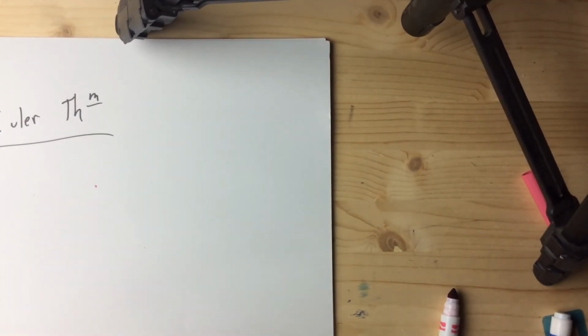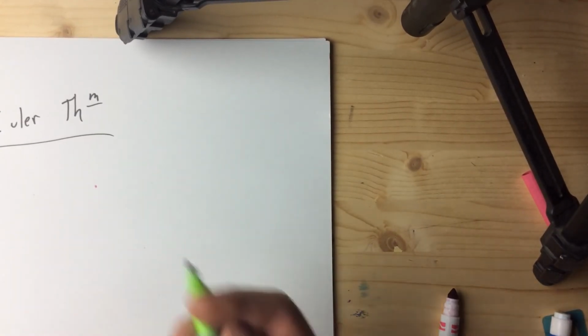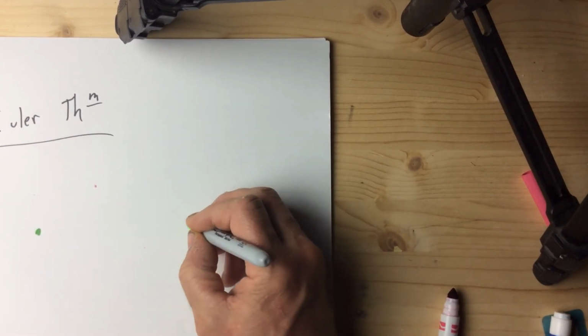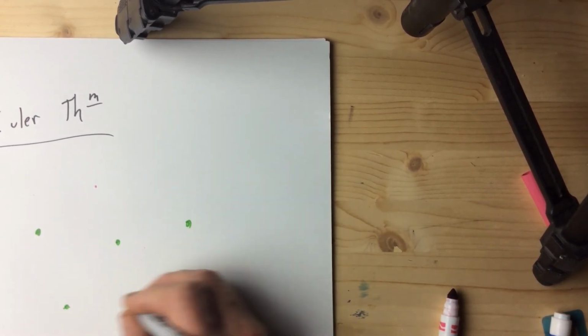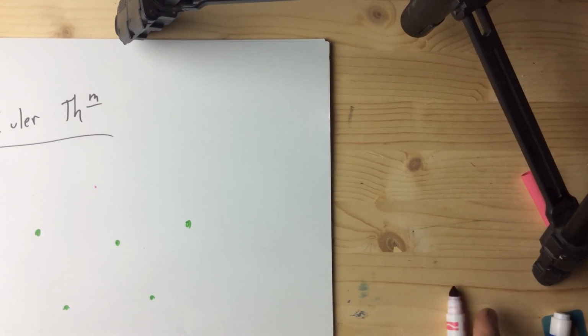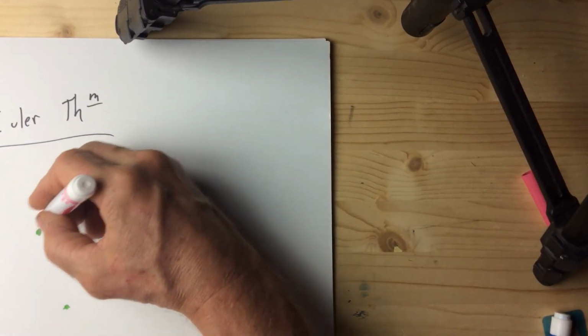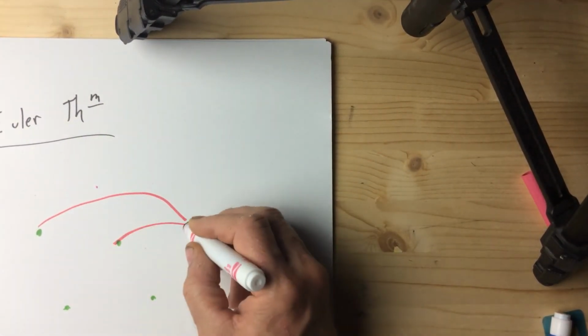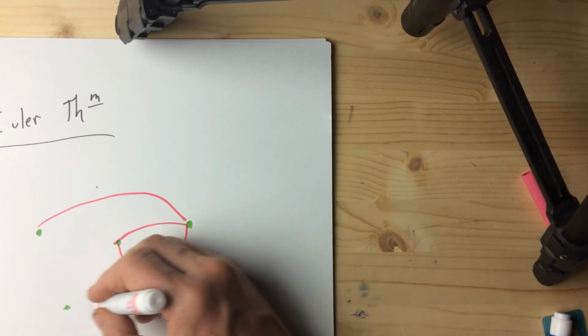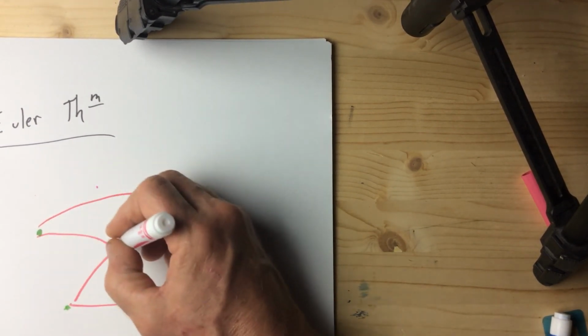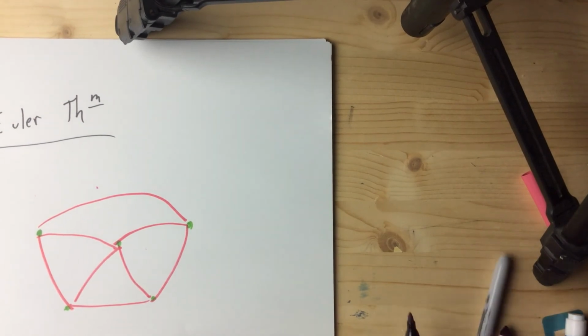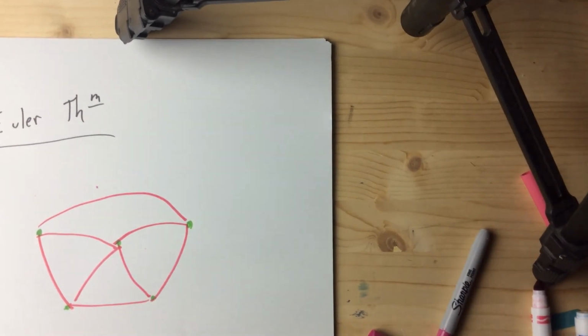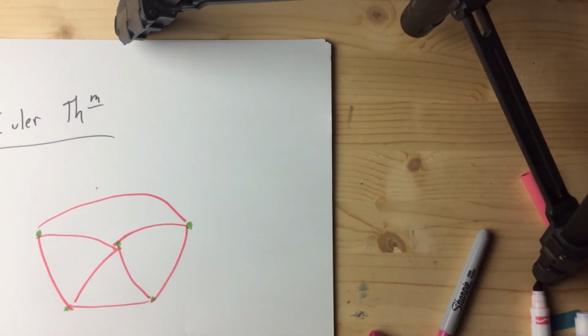I mean, these are things that realistically, we can't do. So I'm going to draw that land picture again that I had. And I'm going to put the bridges in again. And Leonhard Euler's theorem says, for this particular problem, don't even attempt it.